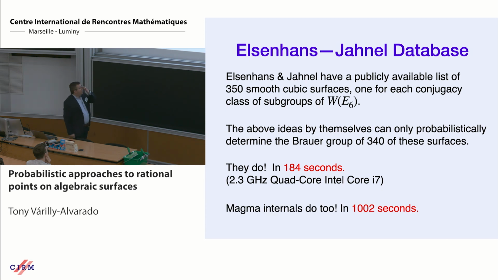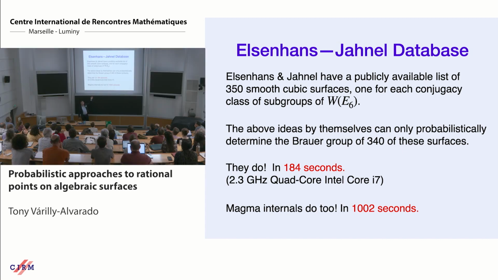So these numbers actually hide something, which is that this sort of Bayesian idea is really bad when the Galois action is very small. But then the Magma internals are amazing when it's really small. And conversely, when the Galois action is really complicated, the Magma internals are horrific. And that's where the bulk of these 1,002 seconds are. Whereas in the Bayesian method, it's almost instantaneous.